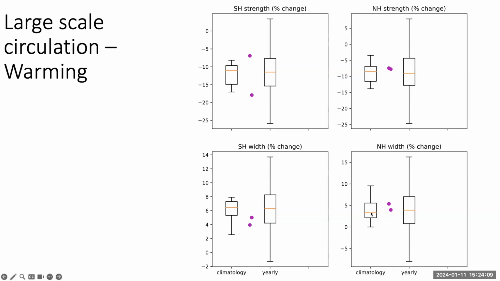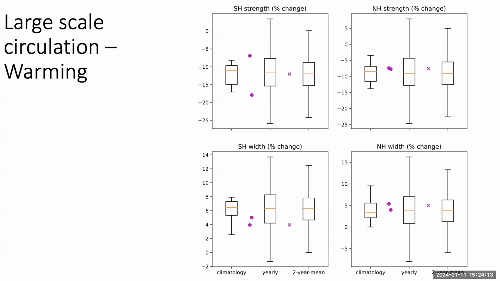Now we have 2 years, so we can reduce our uncertainty a bit and look at how those changes look by doing a 2-year rolling mean on the AMIP runs, and then we have only 1 dot for the X-SHiELD run.